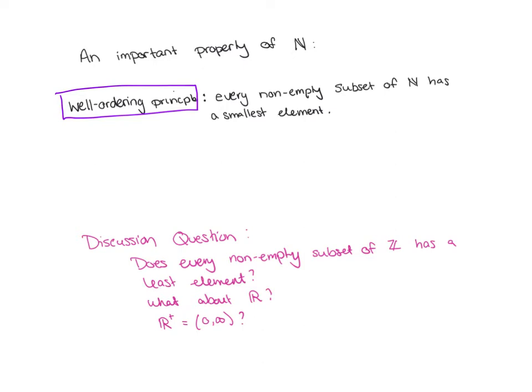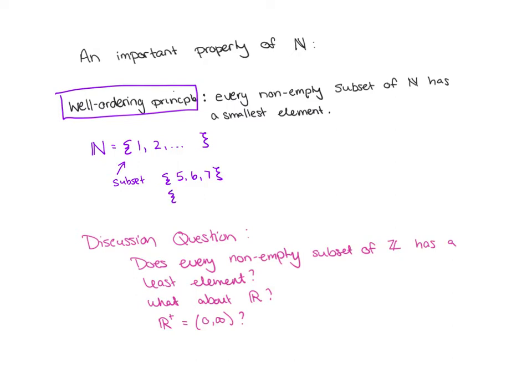You can think about that for a second. Think about why it's true. Remember, N is the set of natural numbers, so it starts with 1, 2, all the way up. I could take some subset of that, and maybe I take the subset that only has 5, 6, 7.